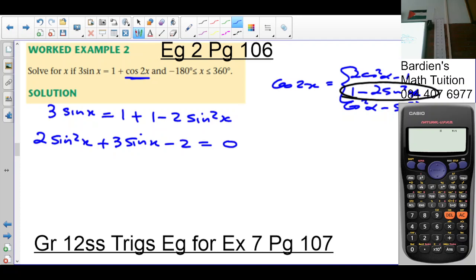So for those of you who can't see a trinomial, replace sine x with an x. So it's 2x squared plus 3x minus 2 equals 0. So this is a trinomial.